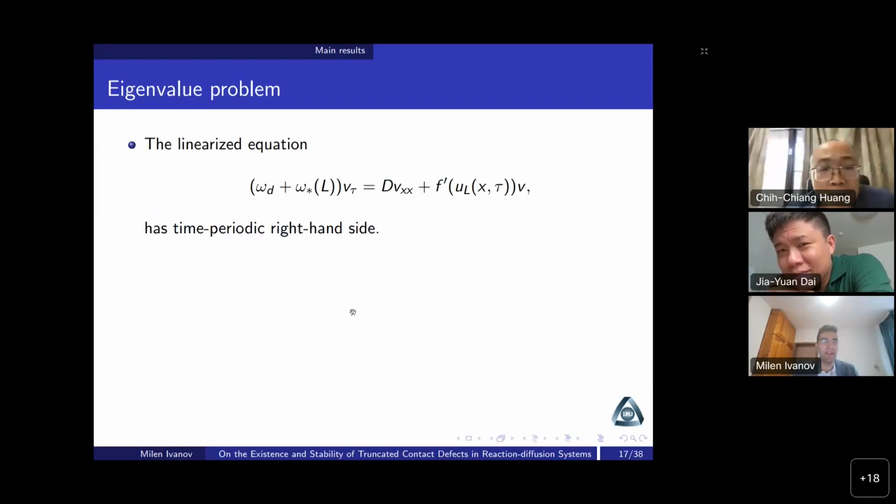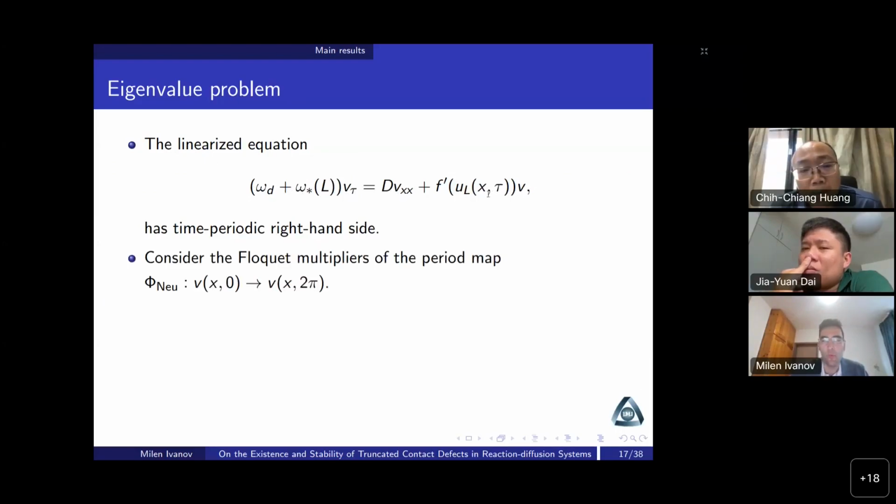And now let me explain what we mean by stability. We start with the linearized equation about our defect U_L, and of course here we have a fixed frequency. We observe that this linearized equation has a time periodic right-hand side, because this is time periodic. So we want to talk about the period map, which maps the solution from x=0 to x=2π, with, let's say, Neumann boundary conditions.